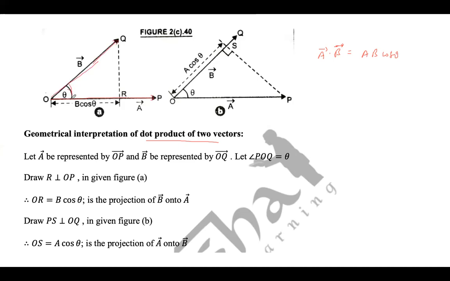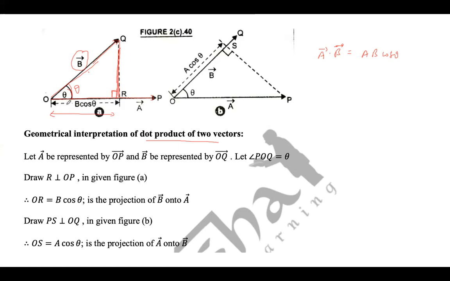Now the angle between these two vectors is theta. If you find a component of vector B along A, so if you draw a perpendicular from here to here, this distance will be equal to B cos theta.